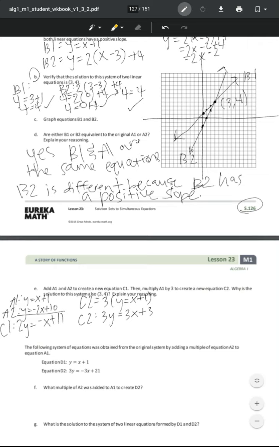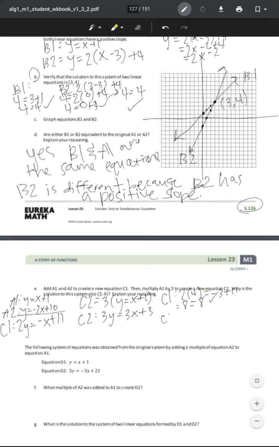If we want to know if 3, 4 is a solution, we could always substitute it in, which we can do really quickly. For C1, if we substitute 3, 4, that gives me 2 times 4 equals negative 3 plus 11. So 2 times 4 is 8 equals negative 3 plus 11, which is also 8. So we can see that 3, 4 is a solution.